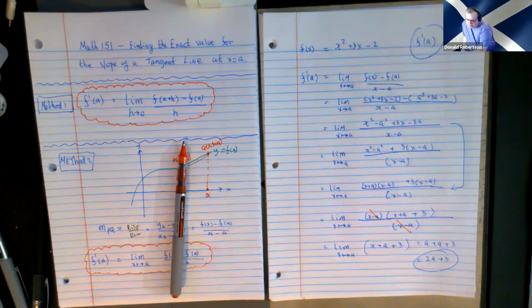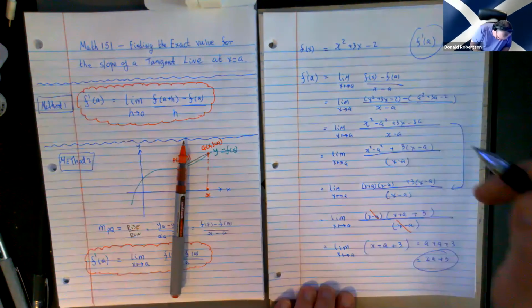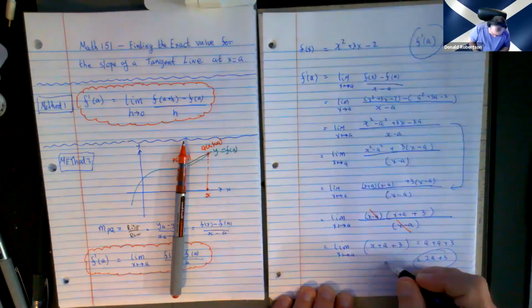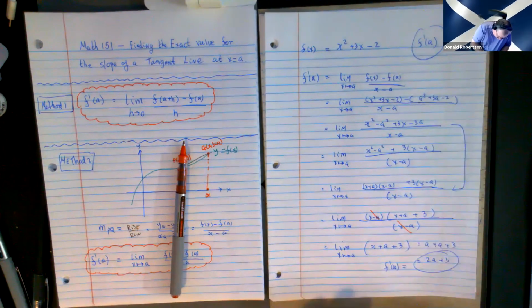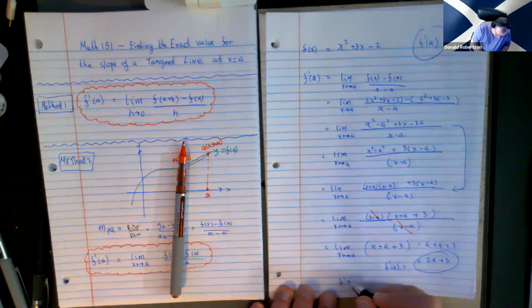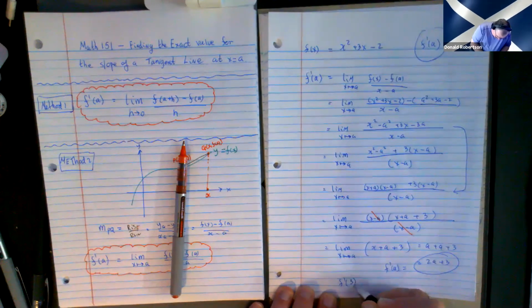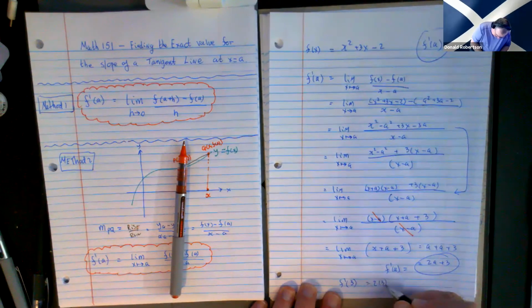You know, when you do limits, if there's not a problem, can't you just replace the x by 4, the x by 7, or in this case, the x by a? So, that guy is this. So if I wanted to, for instance, find the slope of the tangent line at 3, wouldn't the answer be 2 lots of 3, add 3, 9?